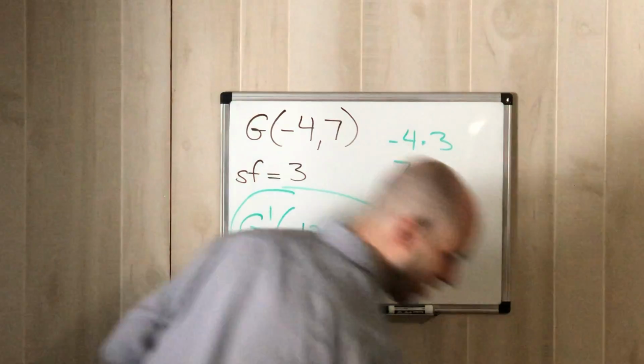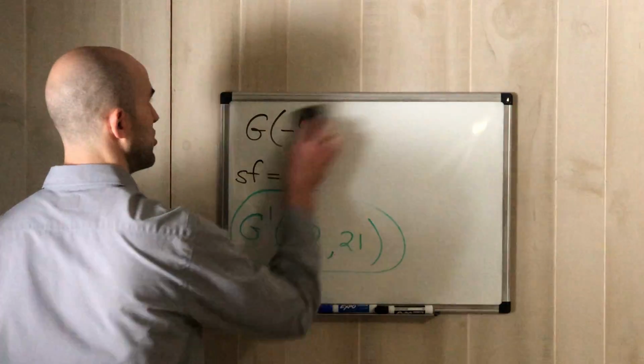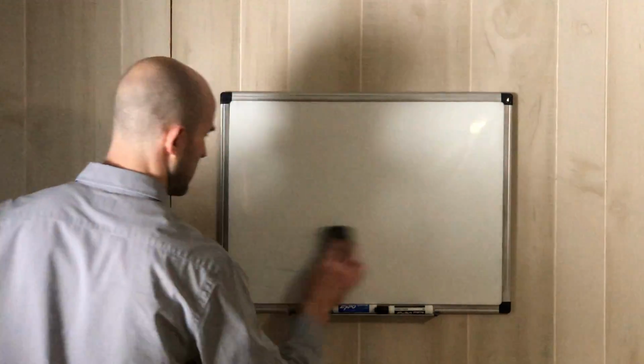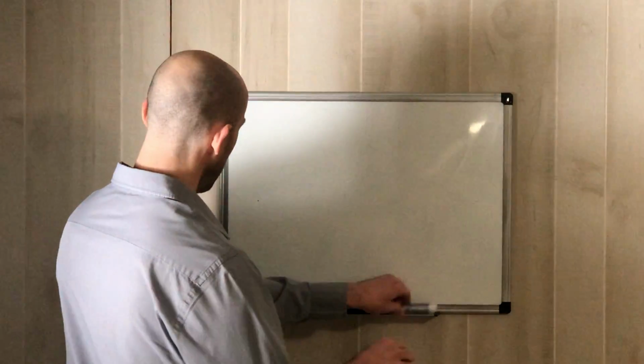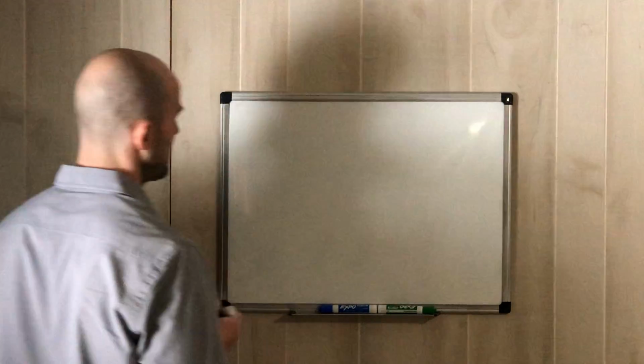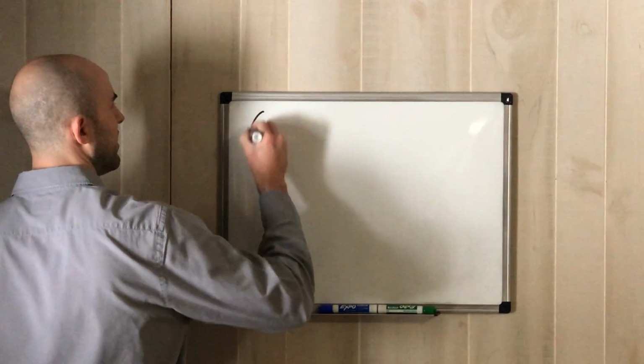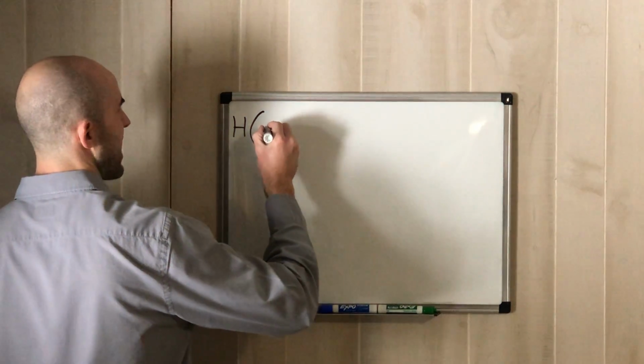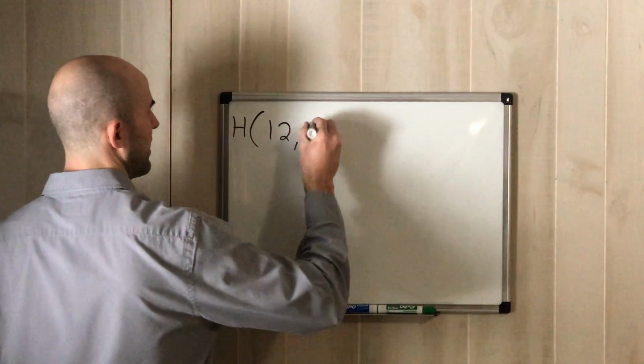I just want to do one more to show you a reduction and make sure that you guys are comfortable with it. Let's say that we had the coordinate, let's call this H, and this is going to end up being 12, 18.